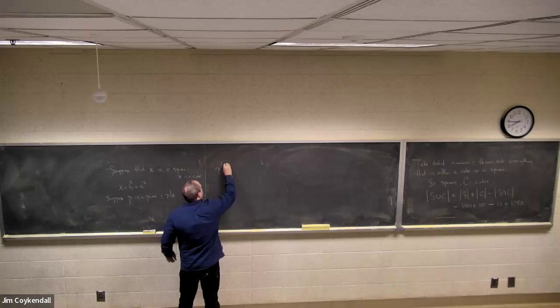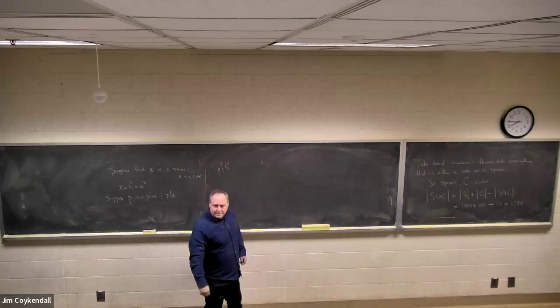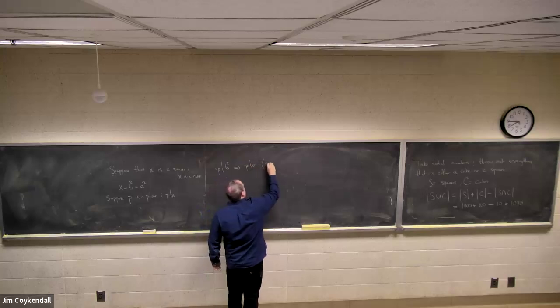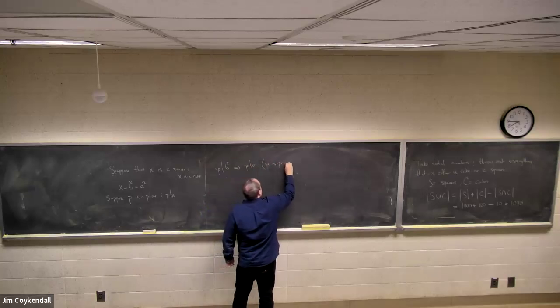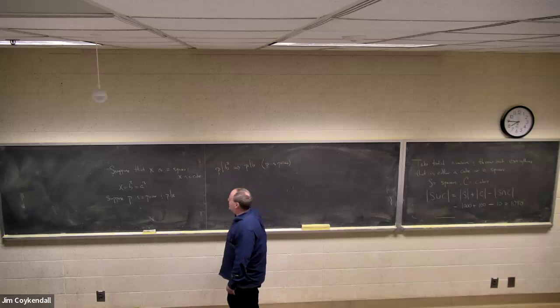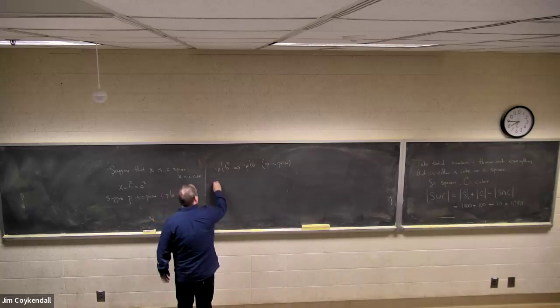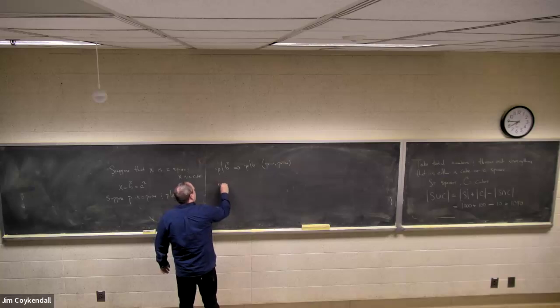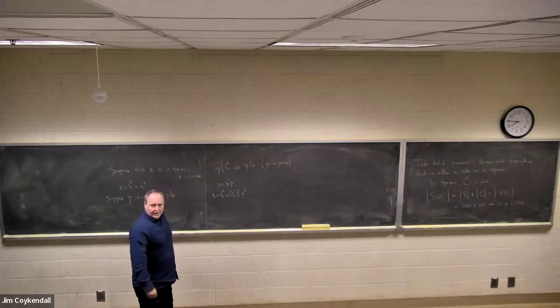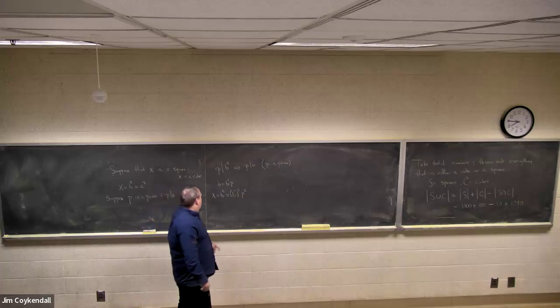Well, if P divides x, then P divides B squared, which means P divides B, because P is prime and it divides B times B. So B is B prime times P, and x is B squared, which is B prime squared times P squared.